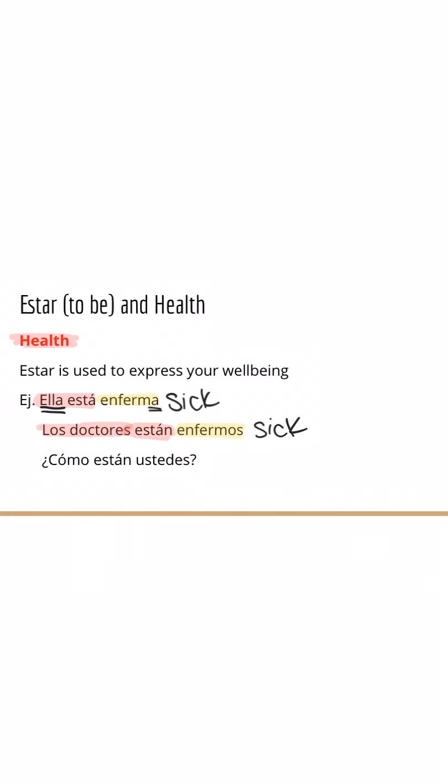So I have enferma. But check it out down here. Here, I'm not talking about one doctor. I'm talking about many. Los doctores. And it's masculine. So what I've done here is I've made my adjective masculine, but also plural. Pretty cool stuff. So like I said, gender and number for now and for forever.